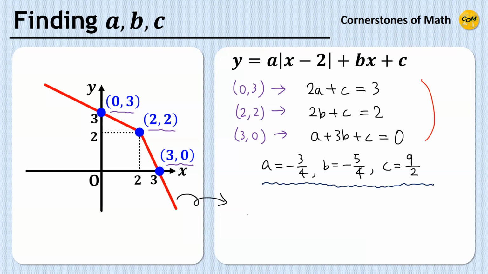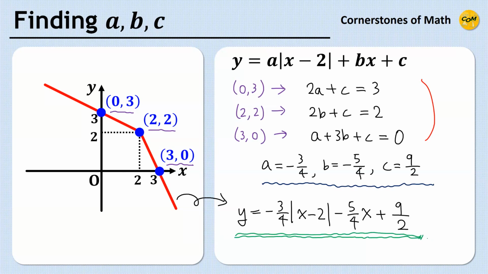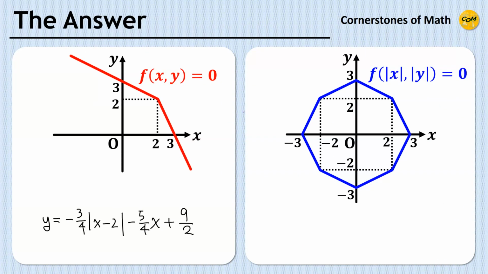Therefore, the equation for the red graph is y equals minus 3 over 4 absolute value of x minus 2 minus 5 over 4 x plus 9 over 2. The equation of the entire graph of the octagon can be obtained by simply replacing every x and y in the equation with absolute value of x and absolute value of y, thereby giving it symmetries with respect to the x-axis, y-axis, and the origin.